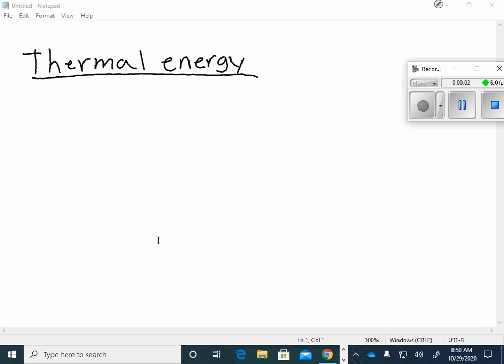So first we're going to talk about thermal energy. Thermal energy is the amount of heat and motion that a substance has in its molecules.